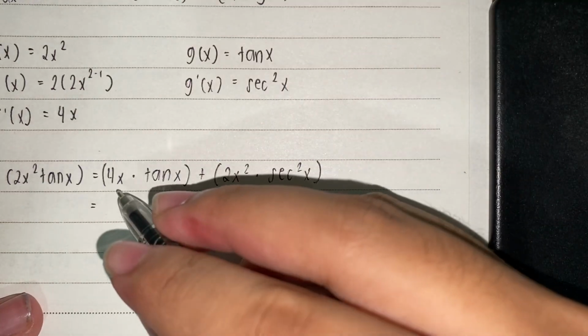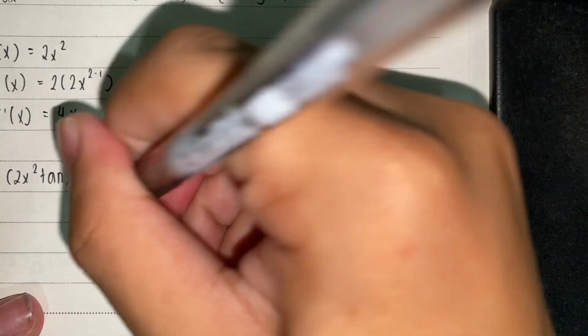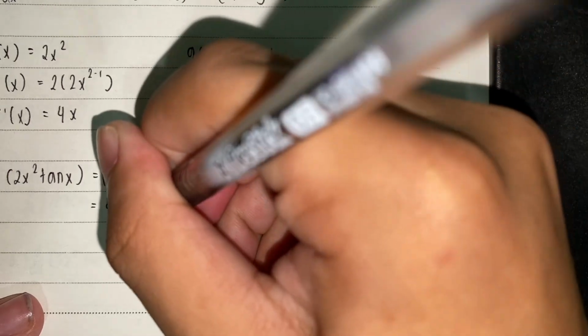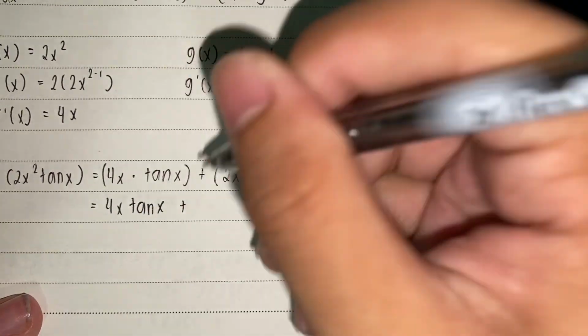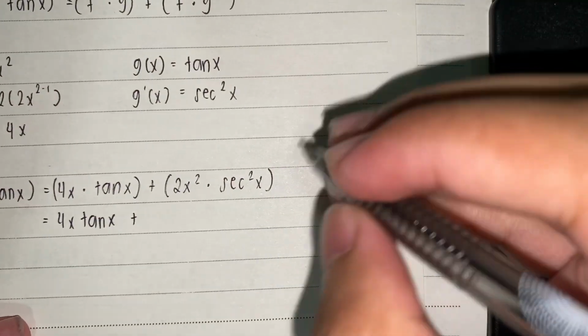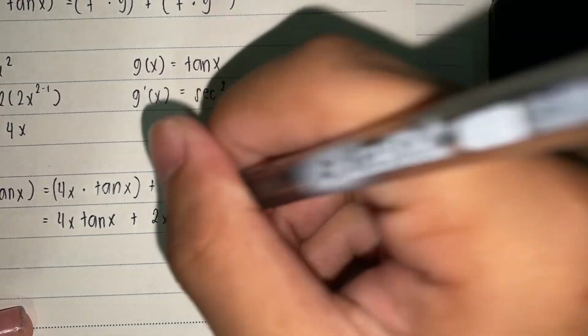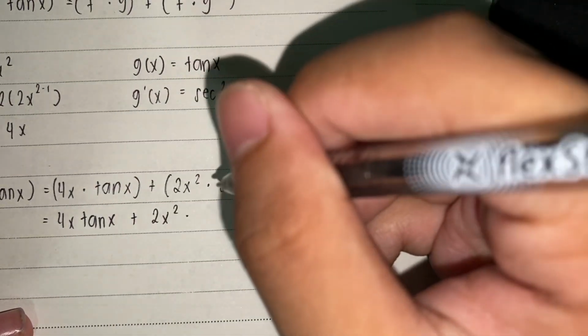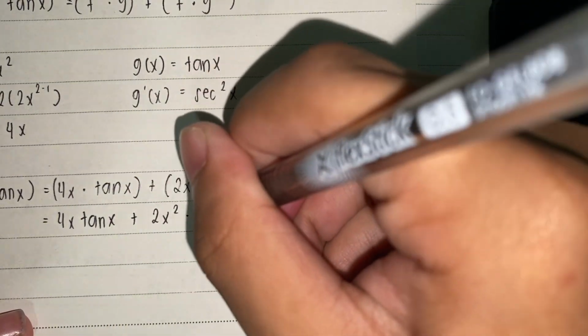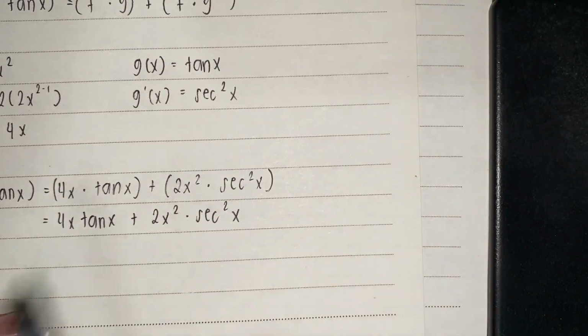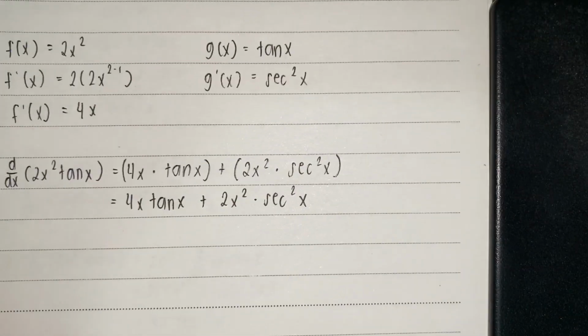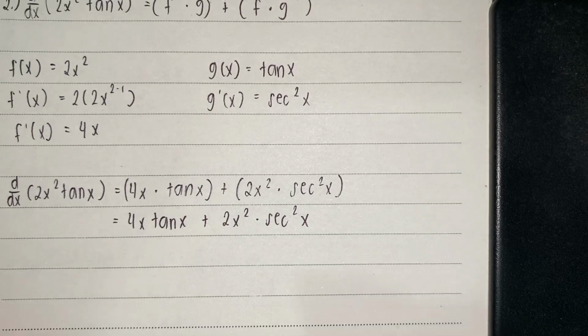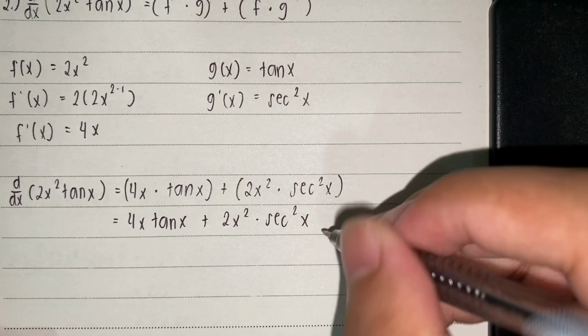That is going to be 4x tangent x plus 2x squared secant squared x, and that is the final answer for this example.